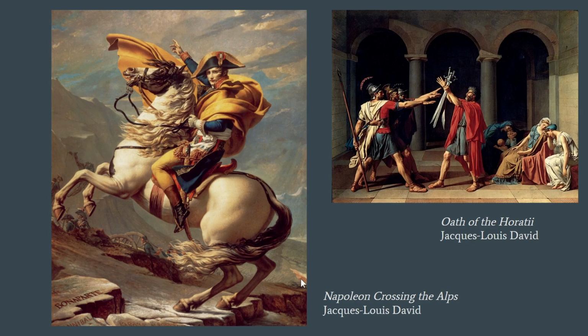Originally, though, Napoleon did not cross the Alps on a horse. He actually crossed the Alps on a mule. But history is written by the victor, and what's happening in this painting is, well, they substituted the mule for a stallion, because mules are, well, not that grand, right?